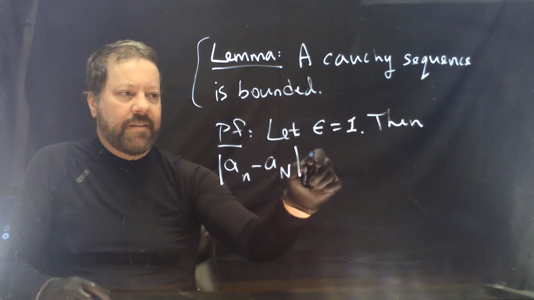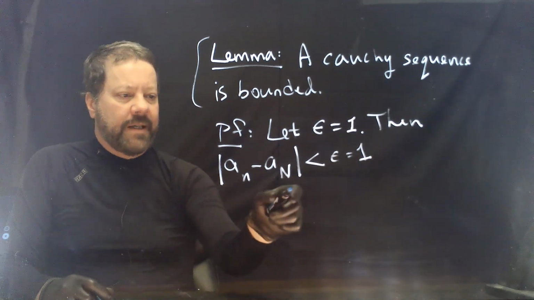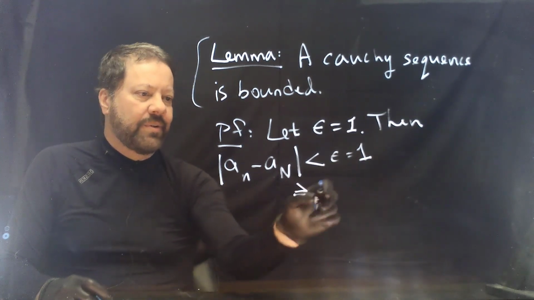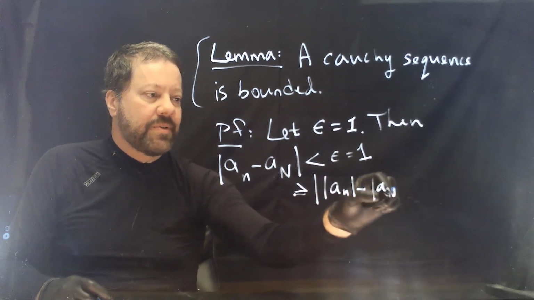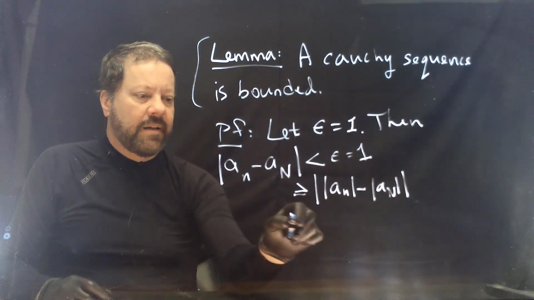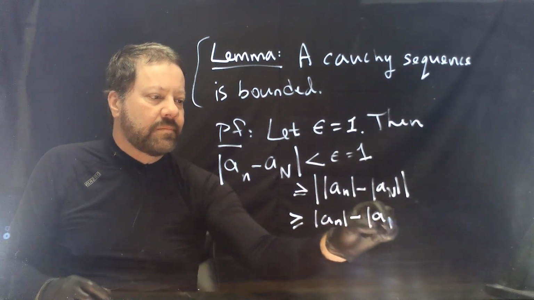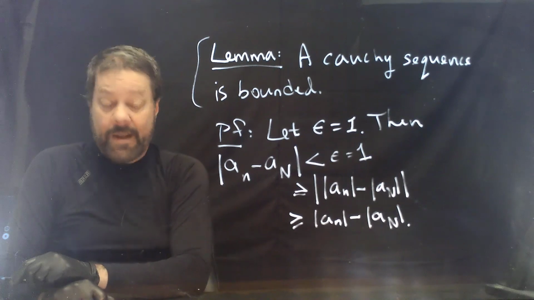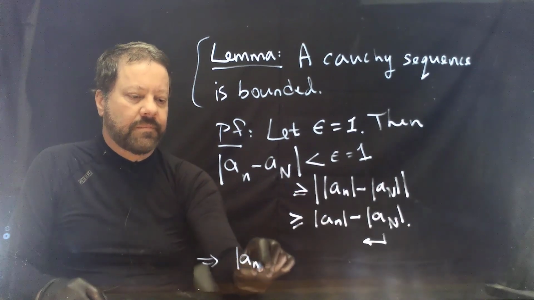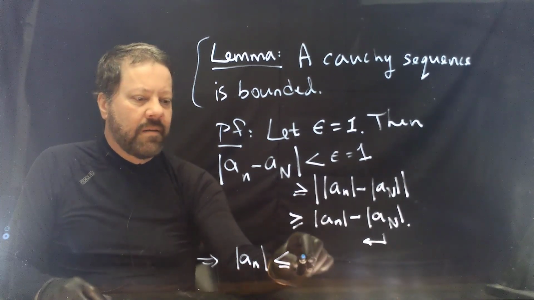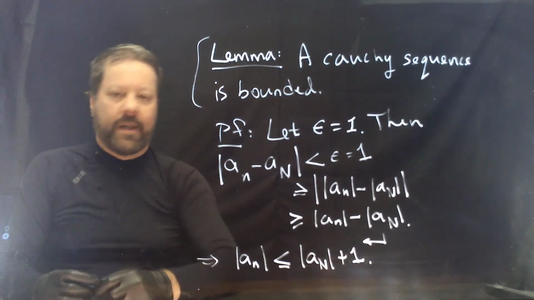Now this will be smaller than epsilon, which is 1, but you can also see that this will be bigger than or equal to the difference in absolute values, and that's greater than or equal to the difference without the absolute values. We'll push this term over, and we'll have the absolute value of a_(n+1).